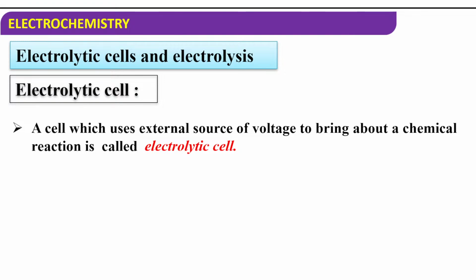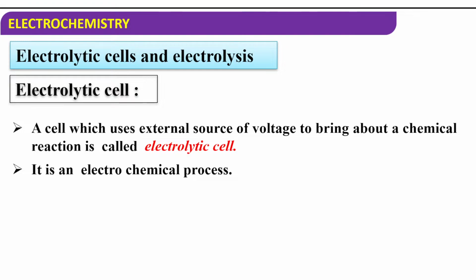A cell which uses an external source of voltage to bring about a chemical reaction is called an electrolytic cell. It is an electrochemical process, but as I told you, it uses an external source of voltage to bring about a chemical reaction, because the chemical reaction taking place is non-spontaneous.